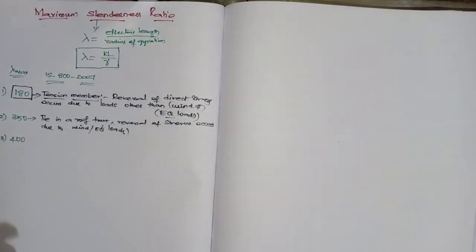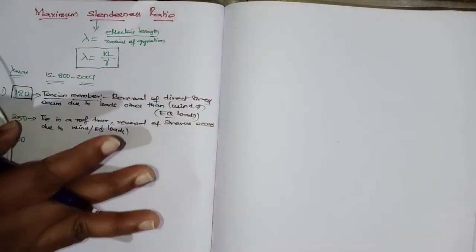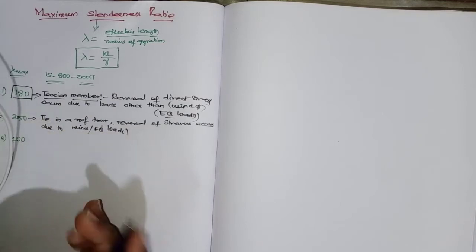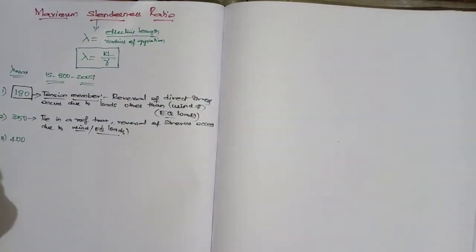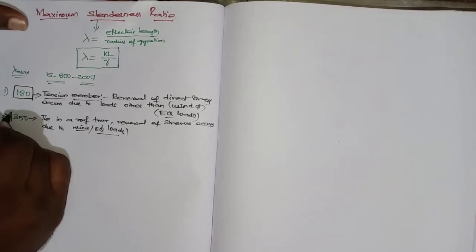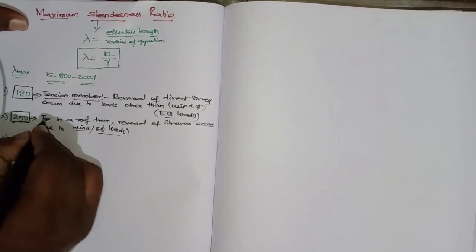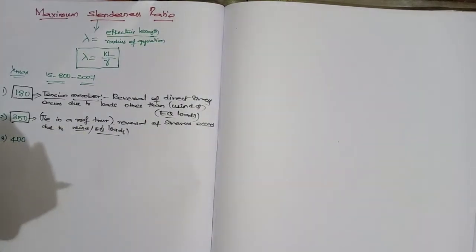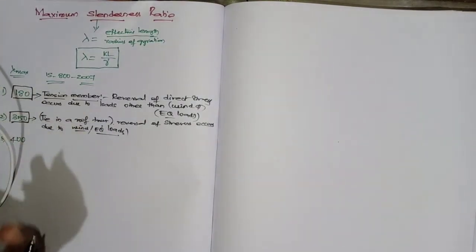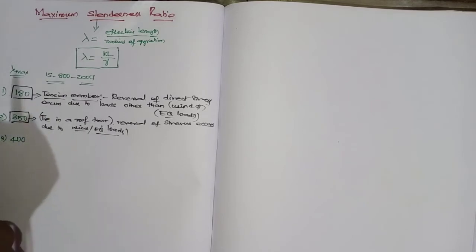If the reversal of stresses in a tension member occurs because of wind or earthquake loads, then the maximum slenderness ratio value is 350. Now the tie member in a roof truss is designed in such a manner that it will be taking compressive loads during this wind or earthquake loads, okay.